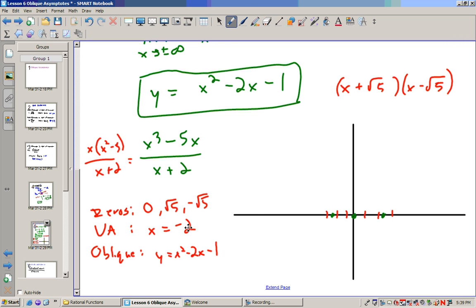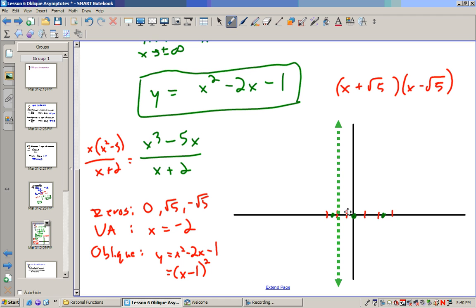Our vertical asymptote is at negative 2, so I'll draw a vertical line here at x equals negative 2. Now our oblique asymptote is y equals x squared minus 2x minus 1. This can factor into x minus 1 squared.